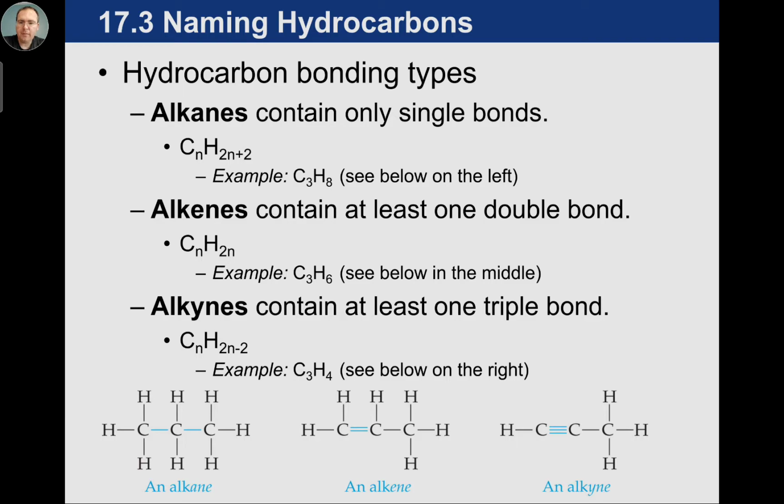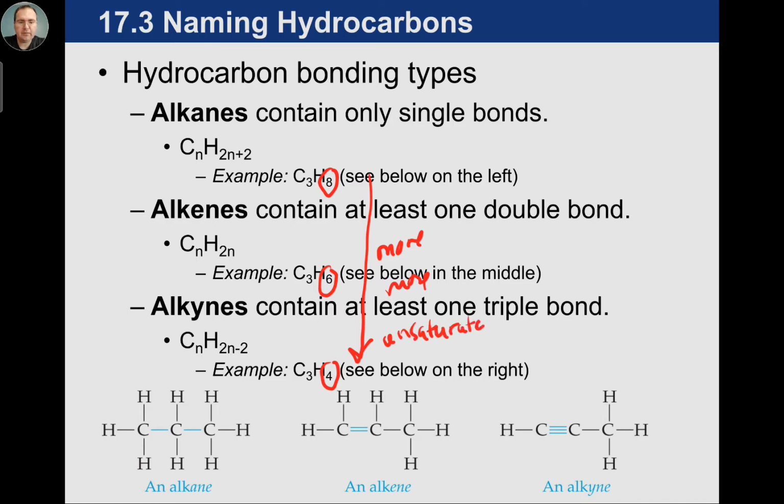Notice out of the 3 carbon formulas, we see that kind of descending number from double plus 2, which is 8, to double, which is 6, to double minus 2, which is 4. That's because as we go to triple bonds, we're becoming more and more unsaturated.